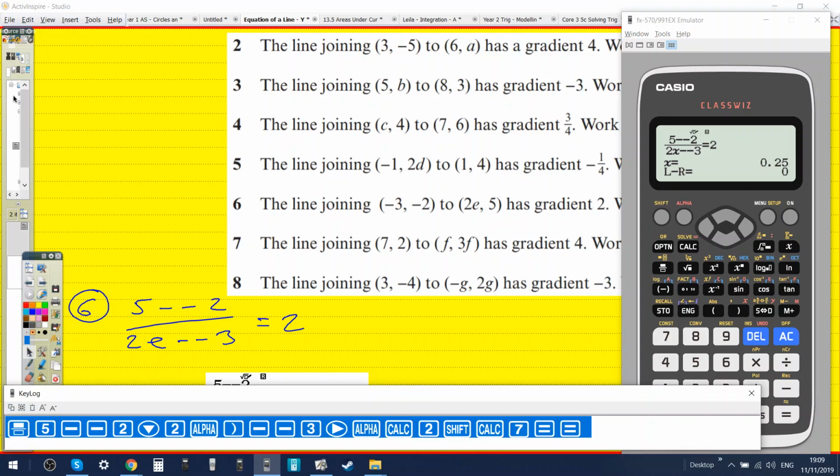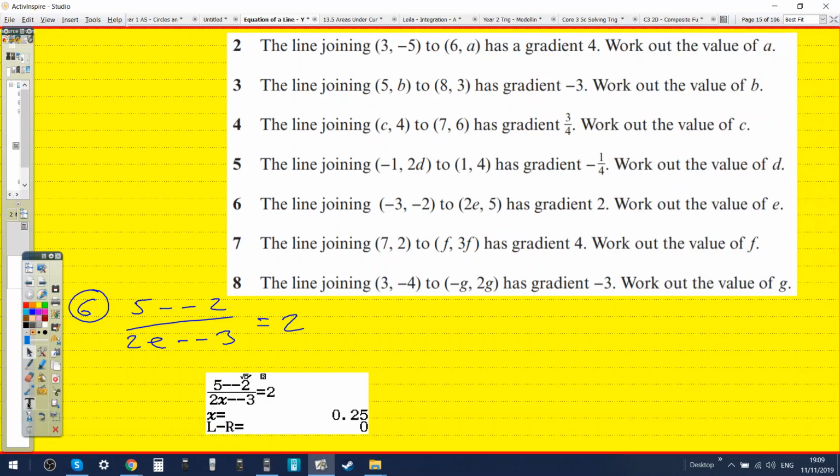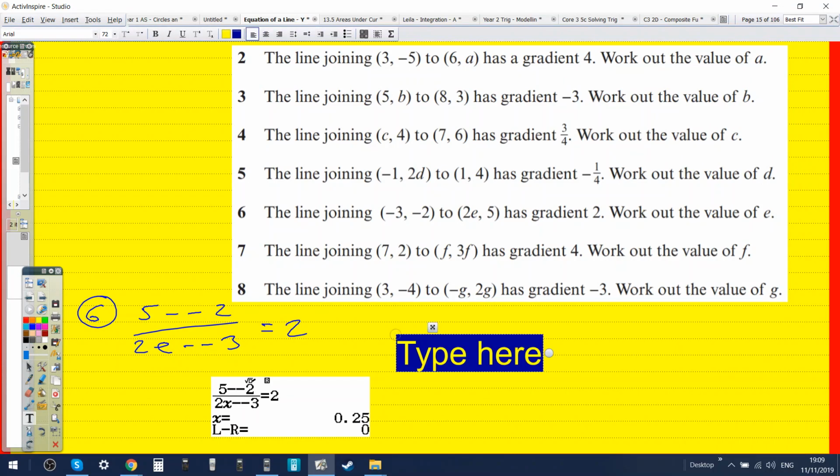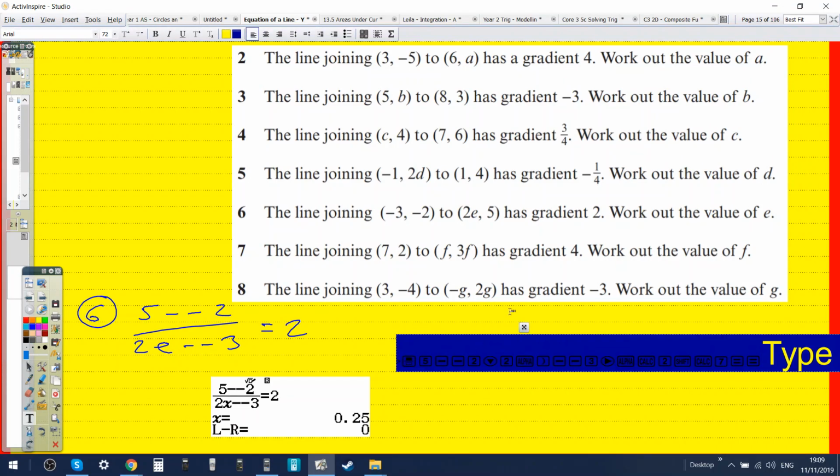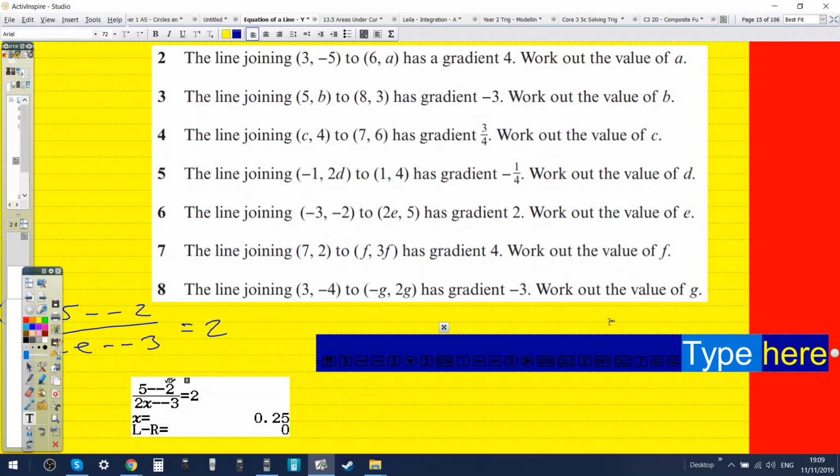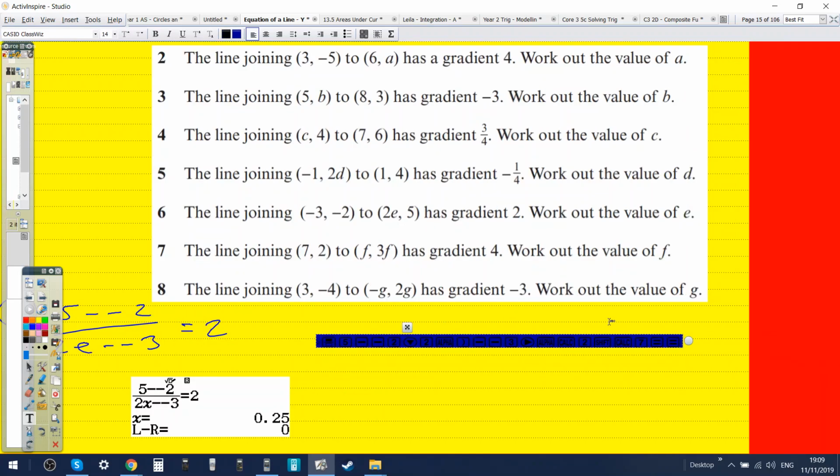Okay, so I'm guessing I need to put x in instead of g here. Yeah, always you have to do that. Right.